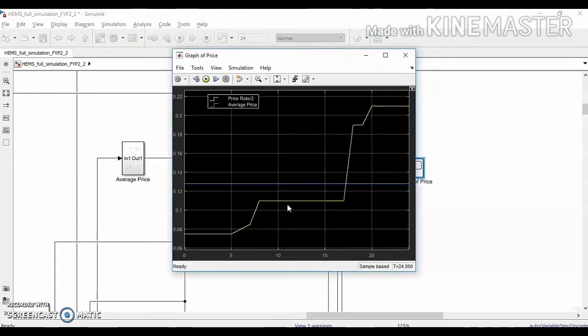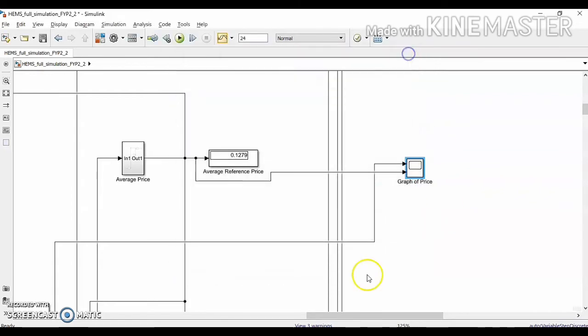This is the graph of the price rate, and this is the average price. We can see that at night it has the highest price rates. Actually, the night is the high demand power consumption.